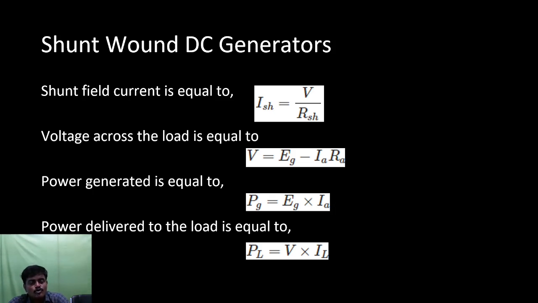We have many losses: stator core loss, stator copper loss, rotor core loss, rotor copper loss, and windage and friction losses. After considering all these losses, the power delivered to the load is P equal to V into IL.